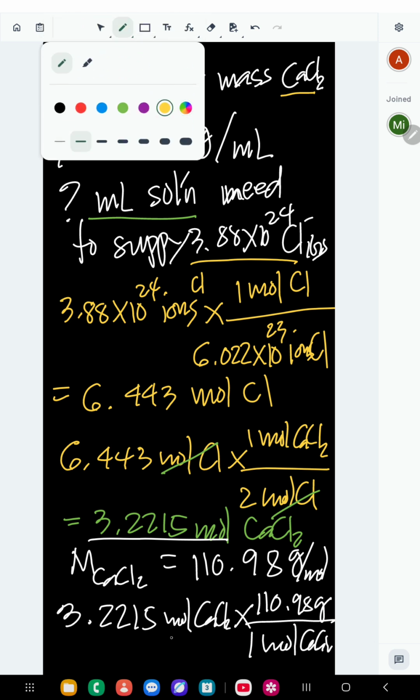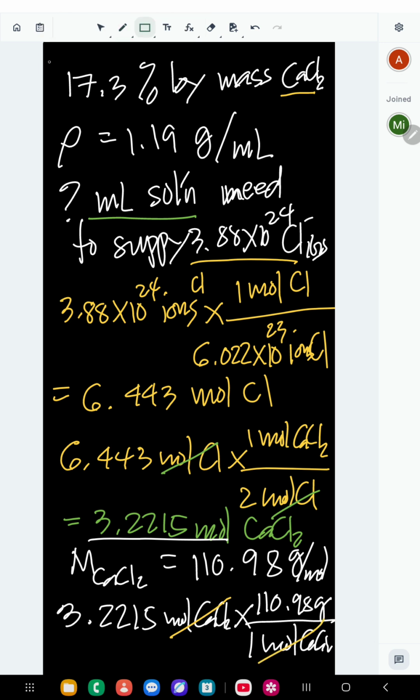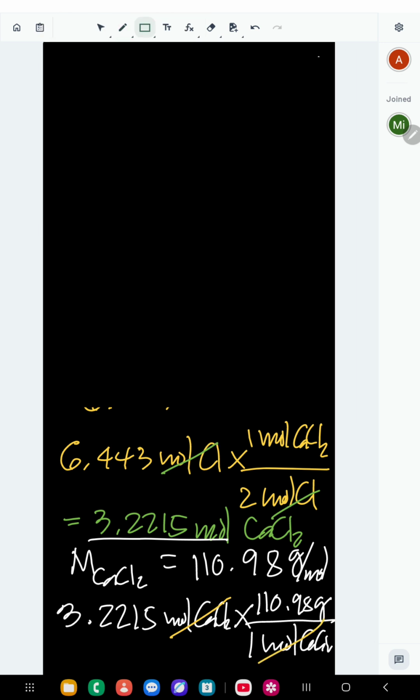So we get the mass, 357.5 grams, maybe just 357.53 grams CaCl2.